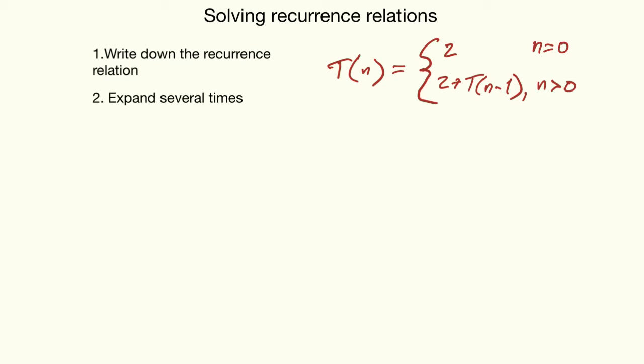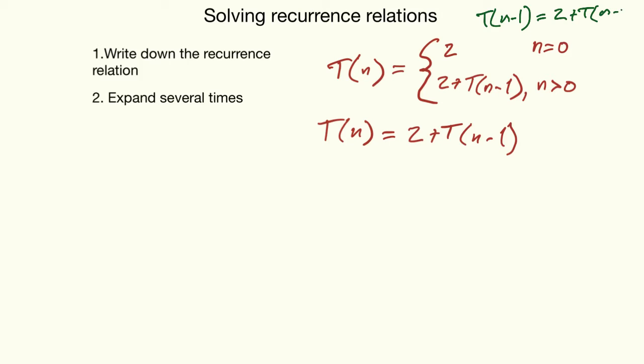The next thing we do is expand the relation several times. What does that mean? We take T of n, and look at the more general case. That's equal to 2 plus T of n minus 1. But we also know that T of n minus 1 is equal to 2 plus T of n minus 2.